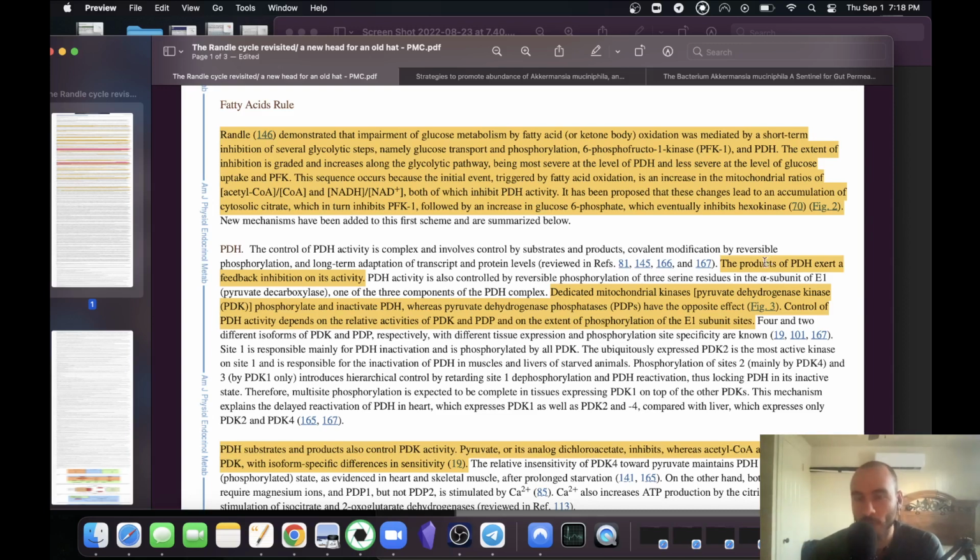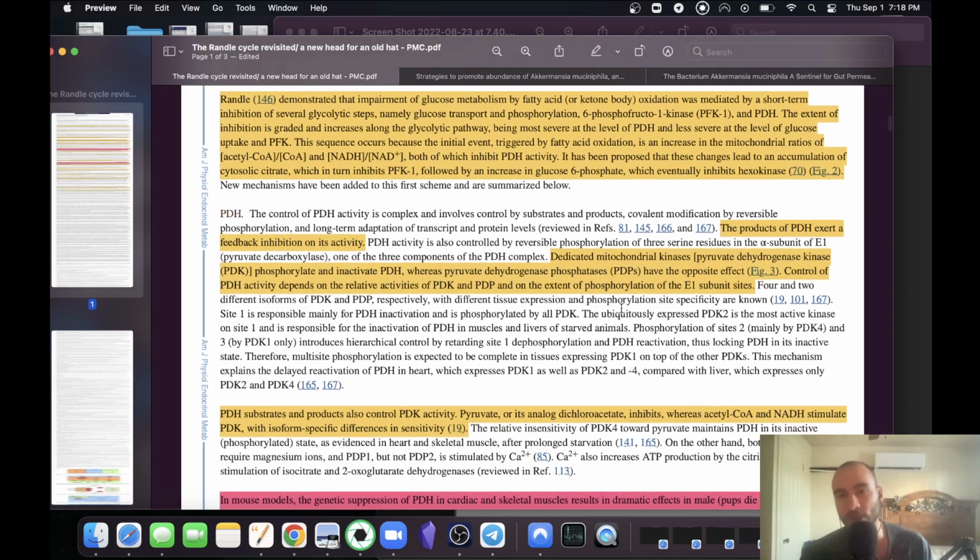There's a couple of reasons for why, but essentially the buildup of the products of pyruvate dehydrogenase blocks its activity. So if you build up of that, the enzyme stops functioning as well, in conjunction with a buildup of acetyl-CoA and NADH, which is actually part of this mechanism anyway.